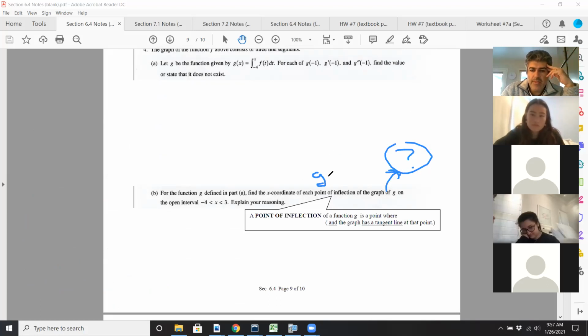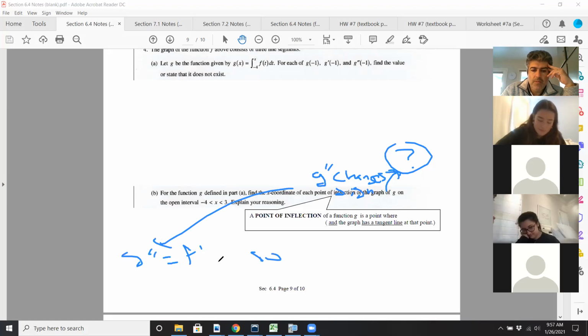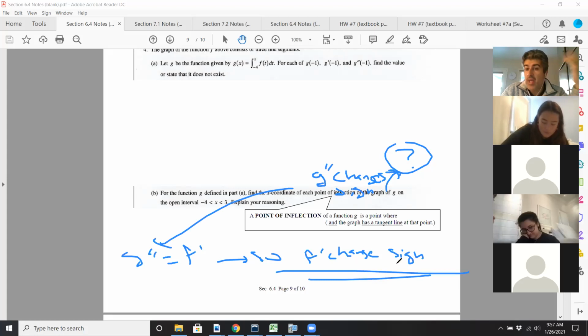Because what I need to find is where g double prime changes sign. Well, g double prime, remember, equals f prime. So where does f prime change sign? That's what they want you to do. Where f prime changes sign, because you have the graph of f.